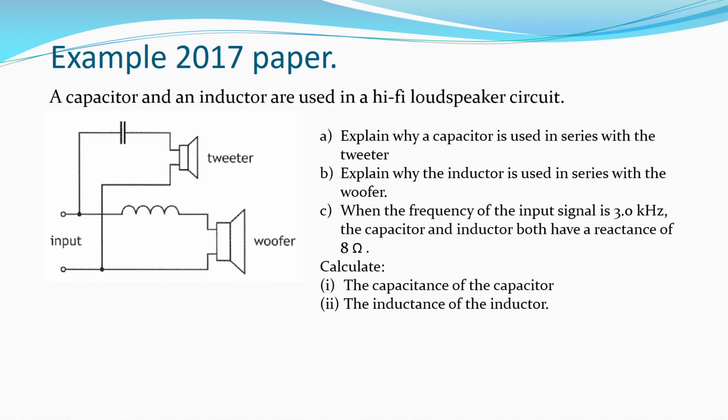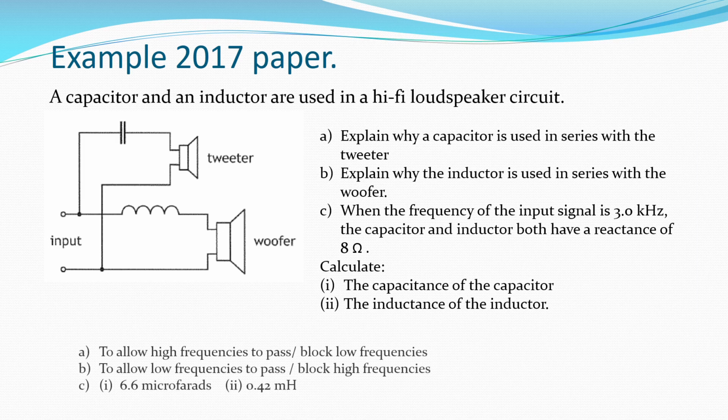You're told when the frequency of the signal is 3.0 kilohertz, the capacitor and inductor both have a reactance of 8 ohms, and you're asked to find the capacitance of the capacitor and the inductance of the inductor. This would be a good opportunity to pause the video and have a shot at this question yourself. Here are the answers, and then we're going to look at the solutions.